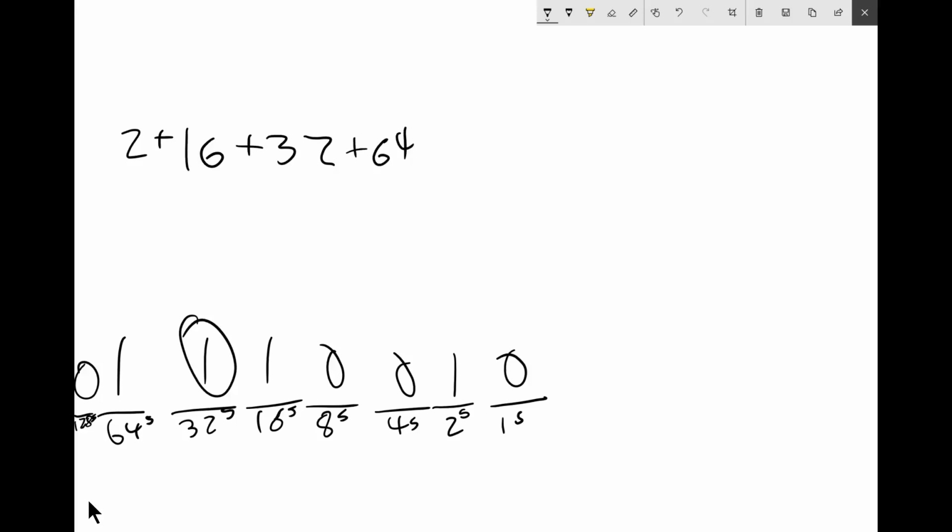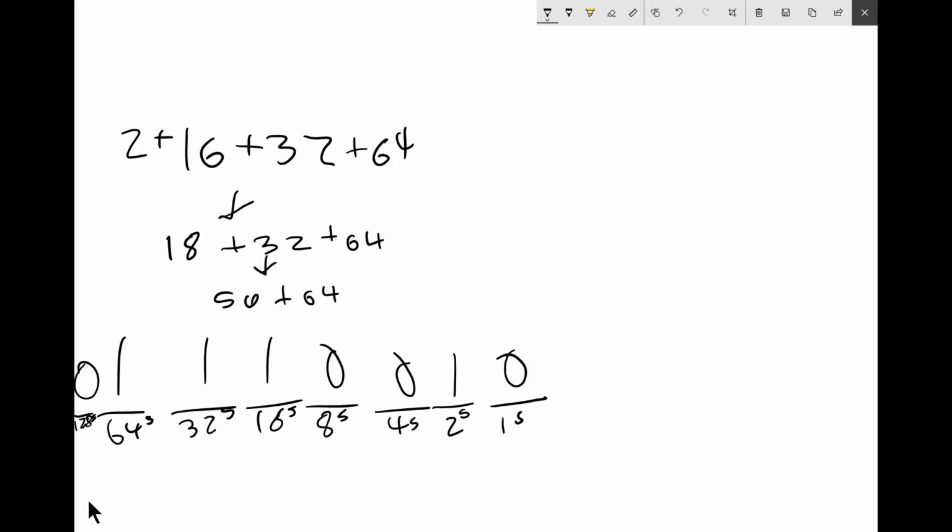So now we add that up, which is 18, quick maths, 18 plus 32 plus 64, which is 50 plus 64, which is 114. So 01110010 is 114. And notice that we calculated all of that manually without a computer.